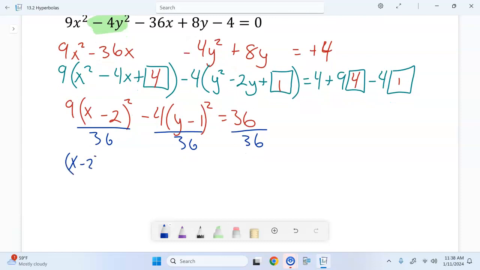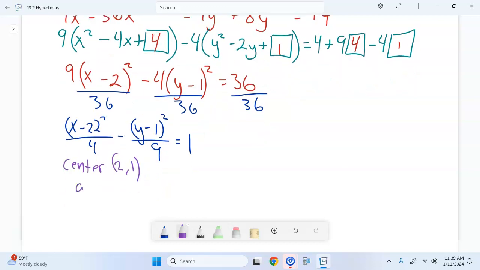(X minus 2) squared over, minus (y minus 1) squared over, equals 1. What's our center? (2, 1).